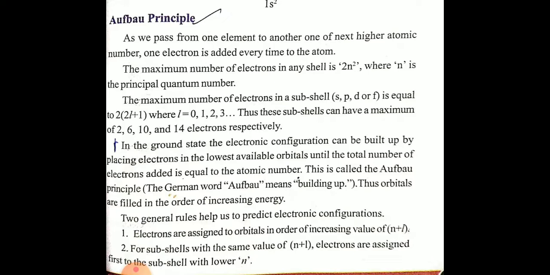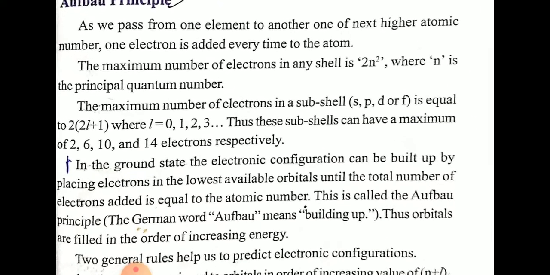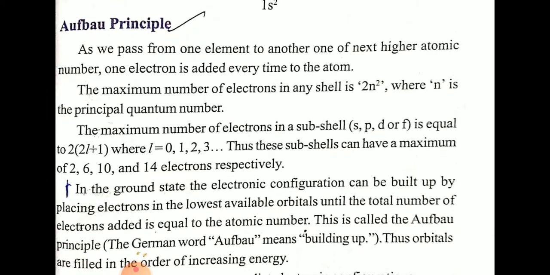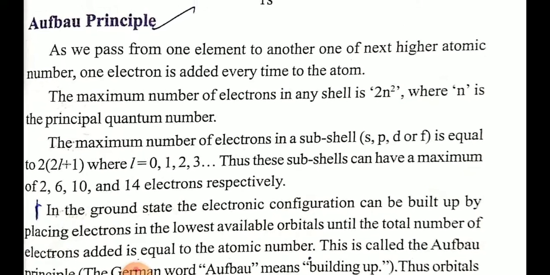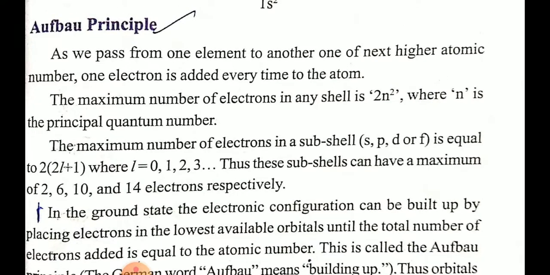Now, the Aufbau principle. The maximum number of electrons in any shell is 2n square, where n is the principal quantum number. The number of subshells in a shell is equal to the number of that shell.